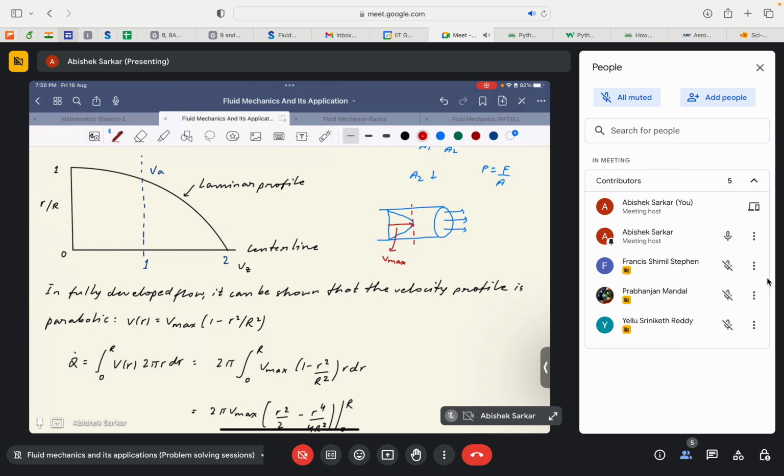So here we are seeing how the viscous effects have modified the velocity profile. Is that now obvious, Sriniket, how the velocity profile changes because of the effect of viscosity?